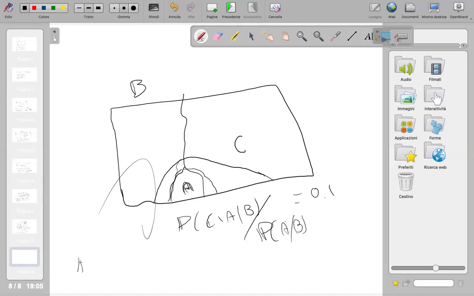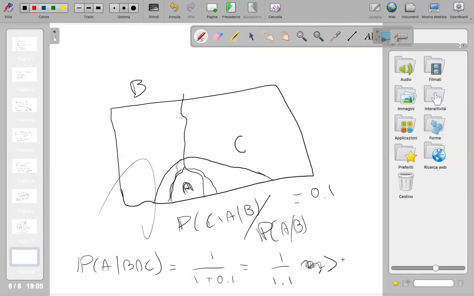So if we go there, we see that the probability of A given B and C, if this is the number, and probably in the next lecture I will start by estimating this quantity, is 1 divided by 1 plus 0.1, which is equal to 1 divided by 1.1, which is much bigger than, I don't know exactly, but close to 1.